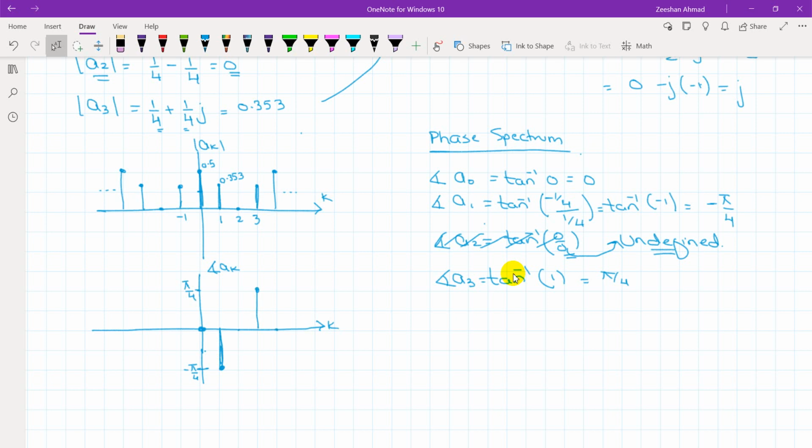Similarly, it should be odd symmetric, so it means I'm going to have something here at minus 1, and I don't have anything at minus 2, and at minus 3 I will have something here. And so on. This will repeat here basically.